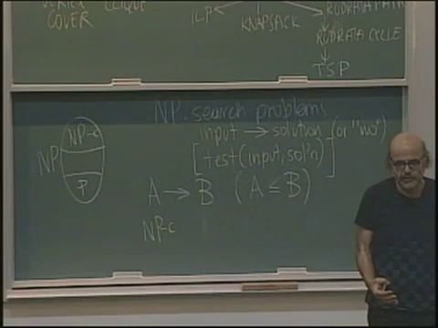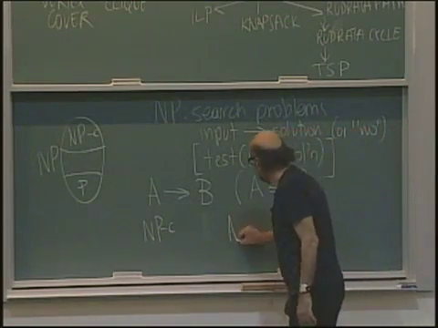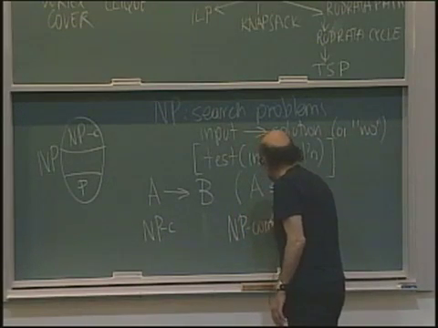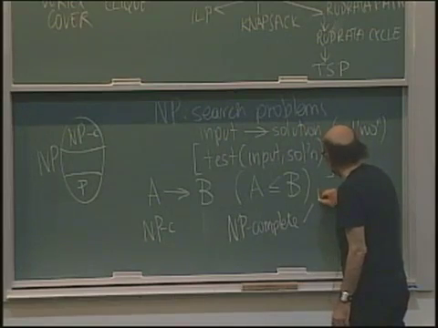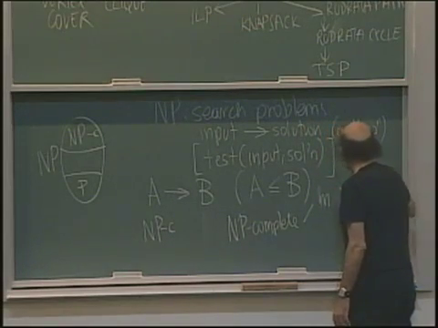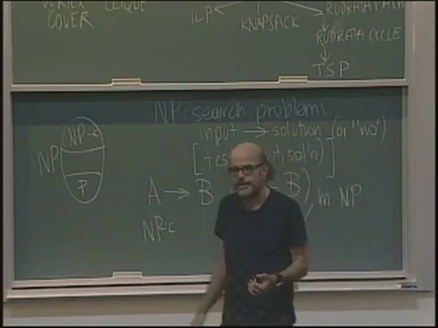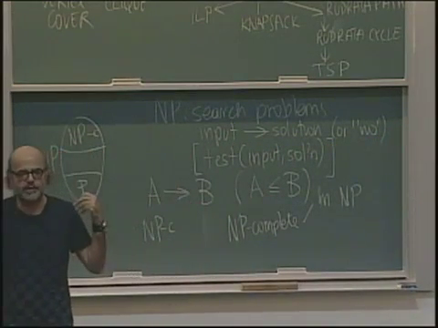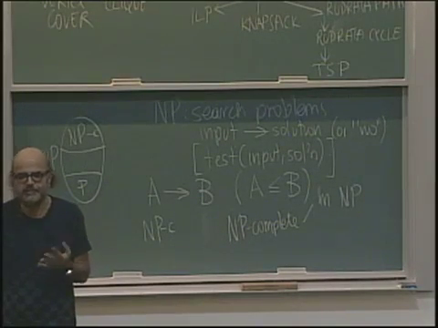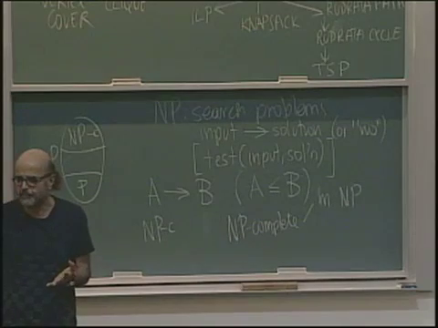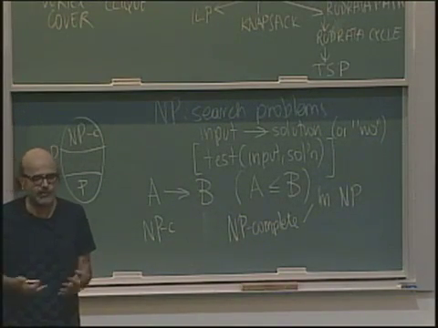Everybody sees that? You have proved that B is NP complete, because what is NP complete? It means two things. It is a search problem in NP. In NP means it's a legitimate search problem. This is the world's easiest way to lose 1 point in the final, because we are going to tell you, prove that the problem is NP complete, and people forget to say that they have to prove that it's in NP, because it's always trivial.